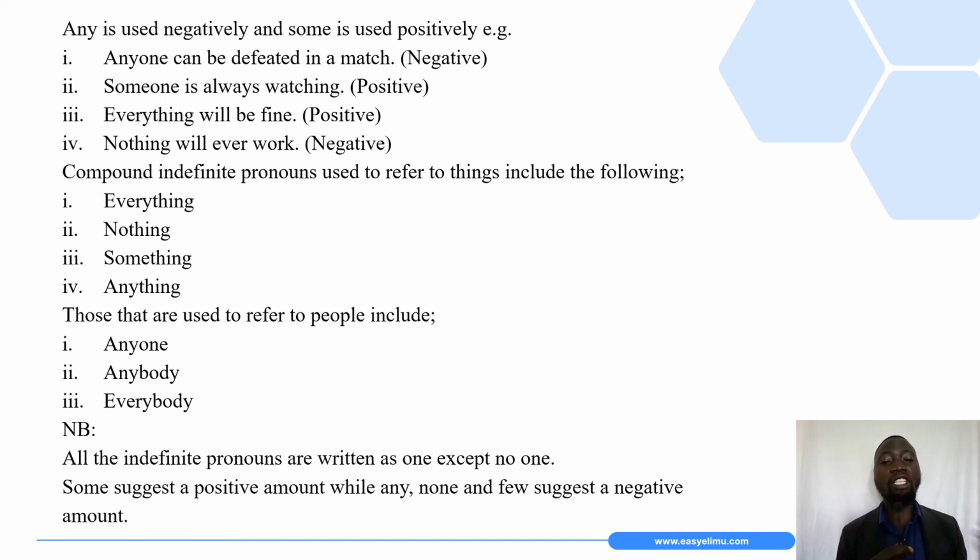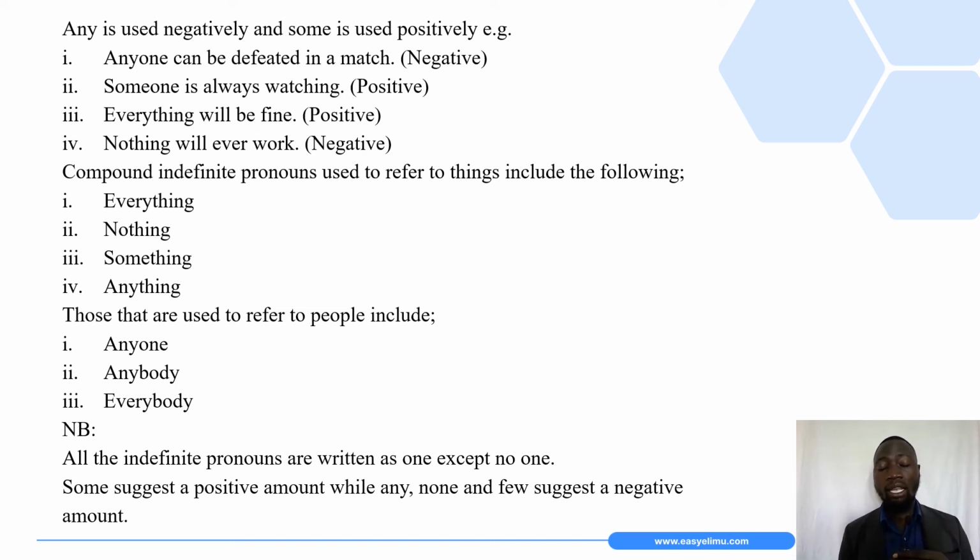So compound indefinite pronouns are also used to refer to things, and they include the following. When we are referring to things using indefinite pronouns, these are the ones to use: everything, nothing, something, anything. Then we have those that are used to refer to people, and they include anyone, anybody, everybody.